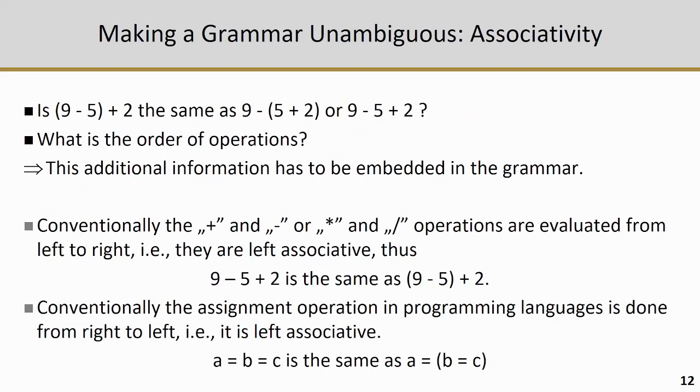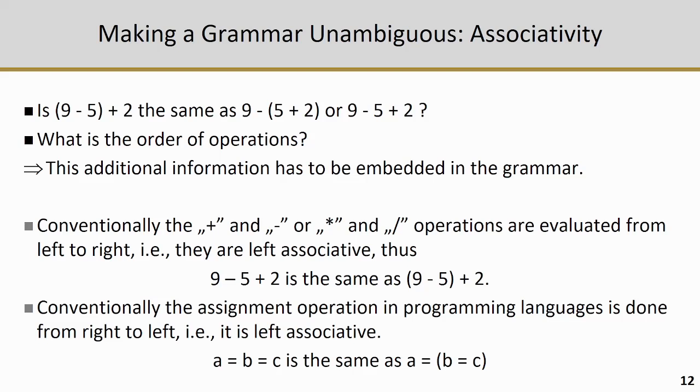How can we make a grammar unambiguous? For example, if the grammar includes operators between other tokens, then we are going to follow the rules that we have learned in math during primary school.